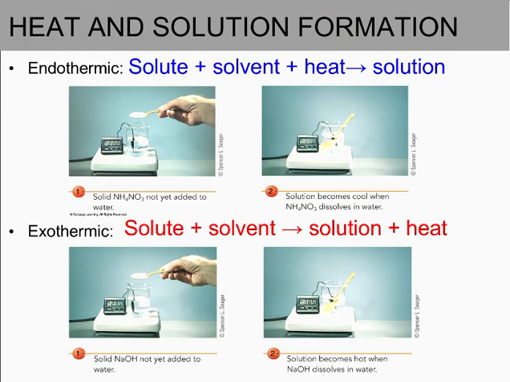So as an example, down below endothermic, we have a couple of figures. So we're adding something called ammonium nitrate to a beaker of water. And what's interesting about this solution is once we add the ammonium nitrate and we mix it with the water, it actually absorbs heat from the surroundings.